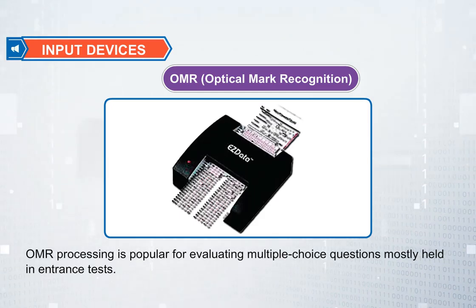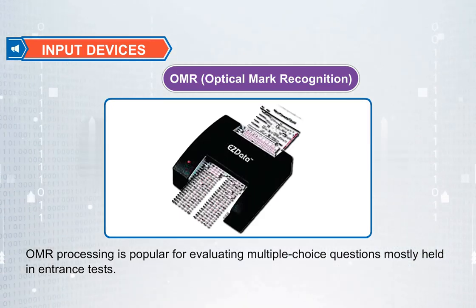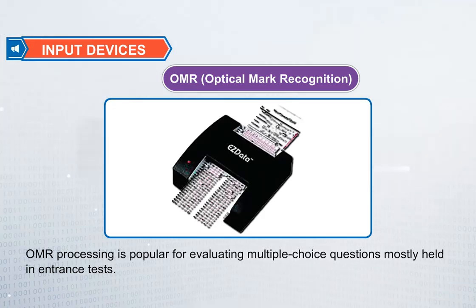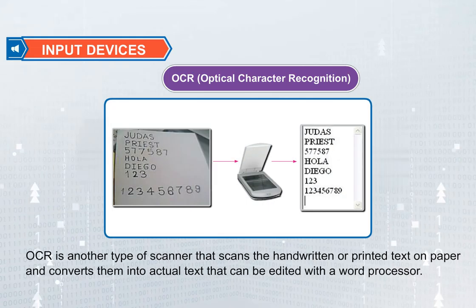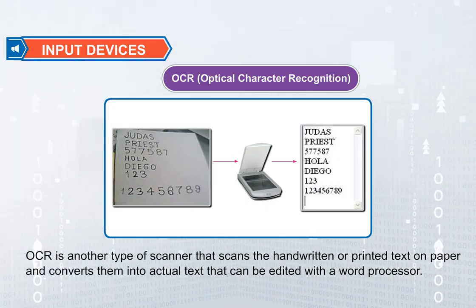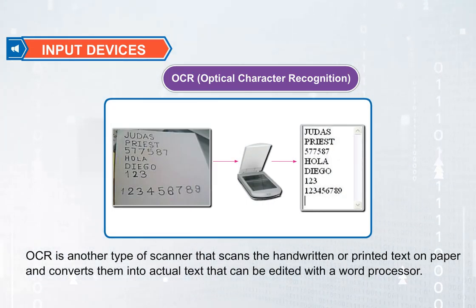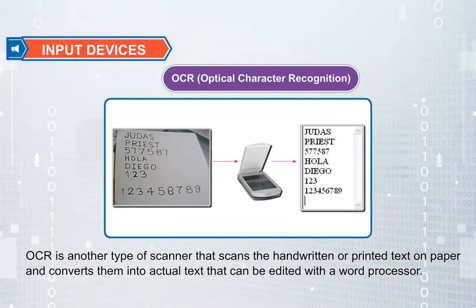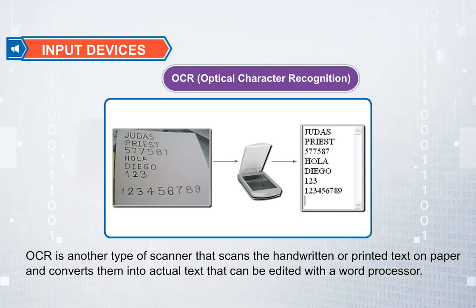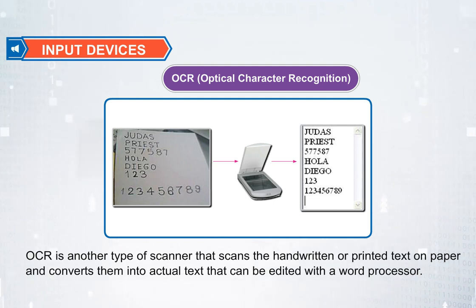OMR processing is popular for evaluating multiple choice questions mostly held in entrance tests. OCR, Optical Character Recognition. OCR is another type of scanner that scans the handwritten or printed text on paper and converts them into actual text that can be edited with a word processor.